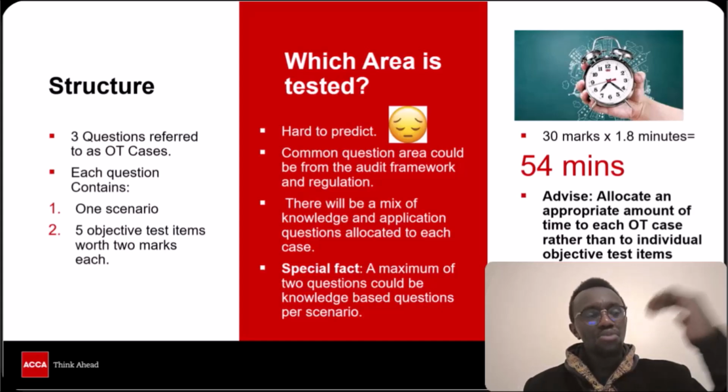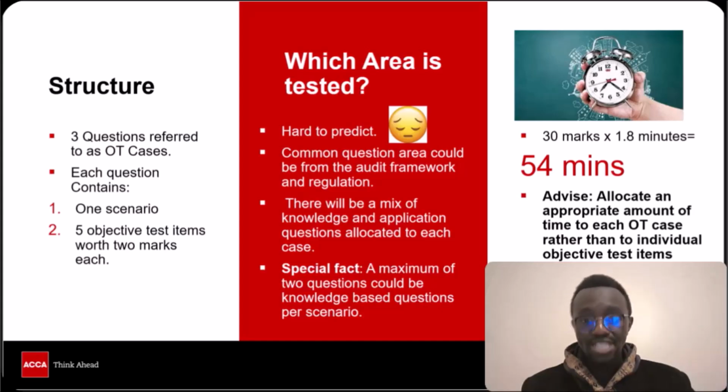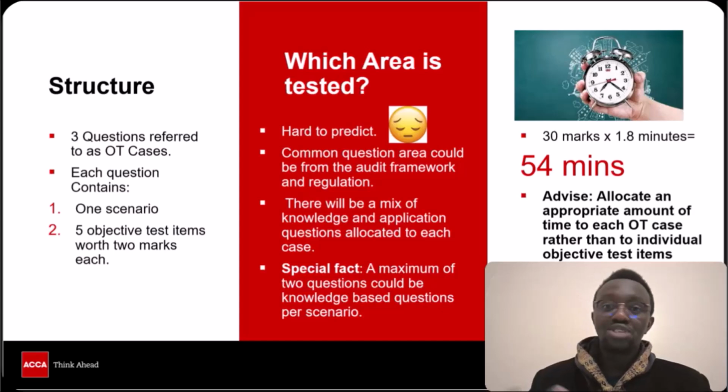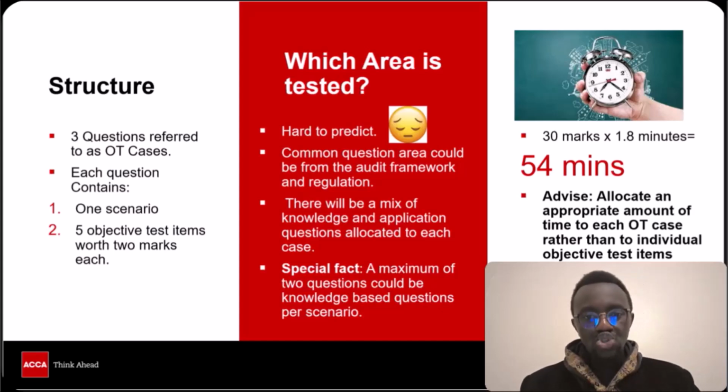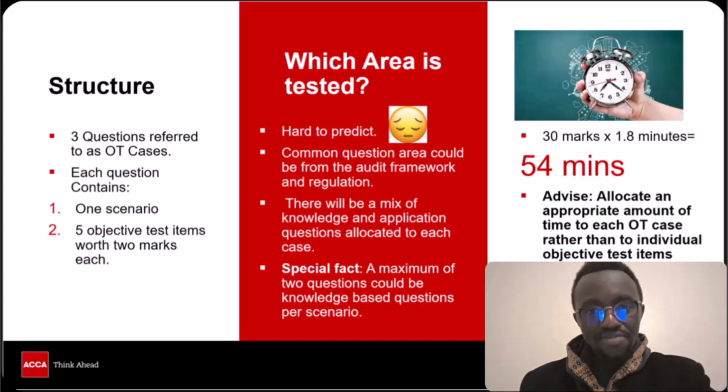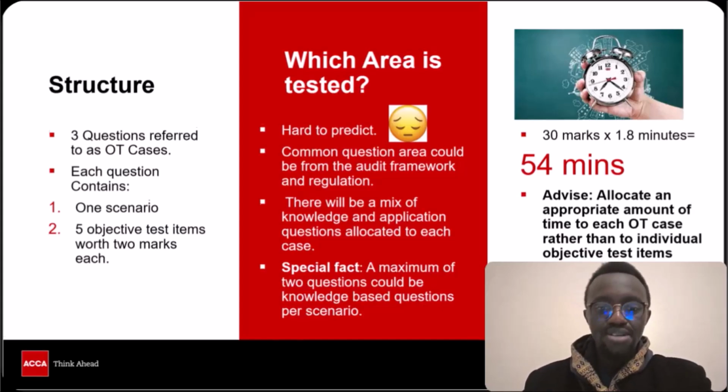So per case, how long should you take? If each case is ideally 10 marks, you should take about 18 minutes, isn't it? So one question within those 5 questions could take you a minute, another one could take you 3 minutes, but at least ensure that the total is 18 minutes per case.